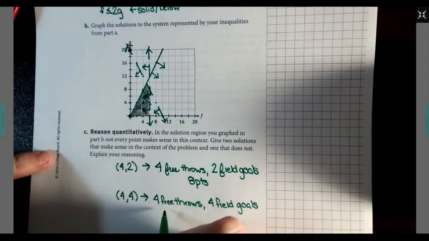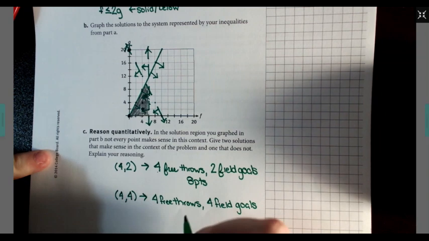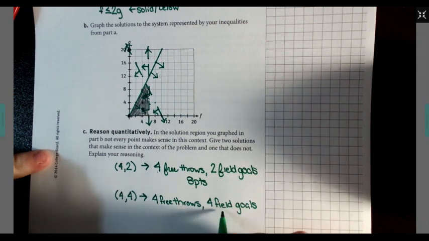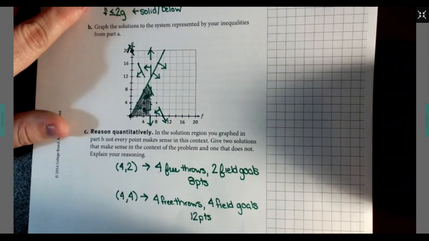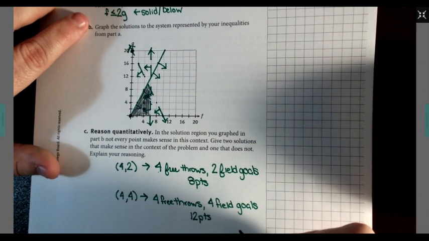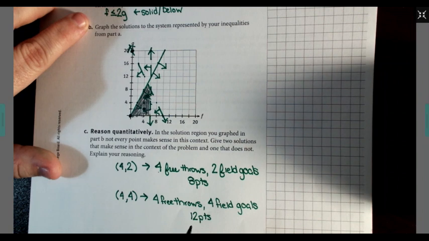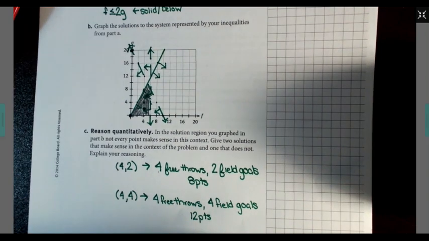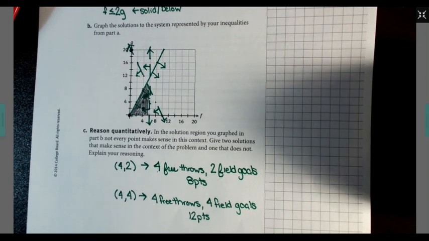Let's take a look. That's 4 plus, this would be 8, that would be 12 points. So I satisfy the first concept. We made fewer than 6 free throws. And did he score at most twice as many free throws as he did field goals? Well, he made an even amount.